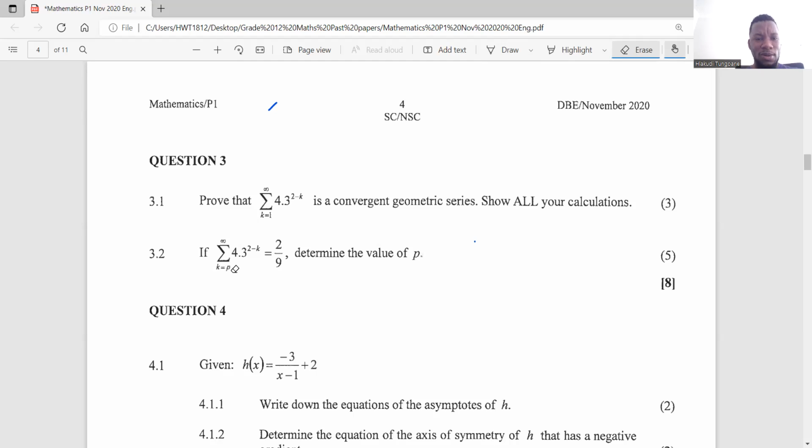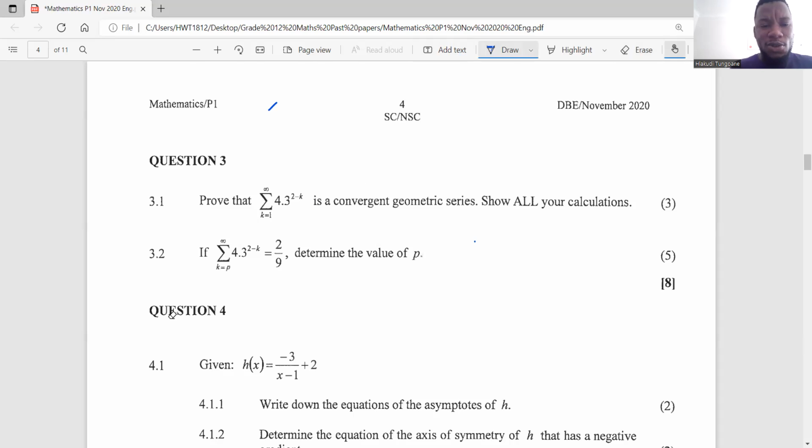So we're going to sort of trick this question to solve it in a way that lets us determine the value for P. So how I will go about it is to say, let me just write here.